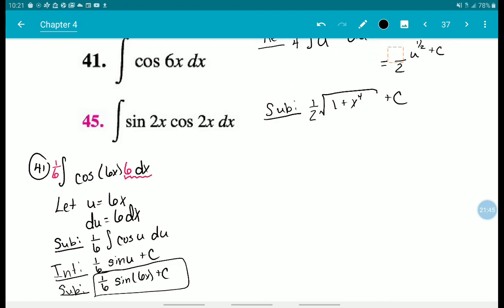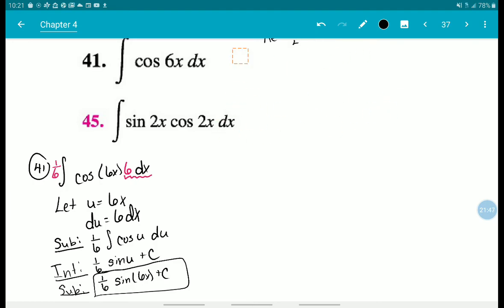And let's do 45. So in 45, we are integrating sine of 2x cosine of 2x dx. There's a couple of ways to think about this.